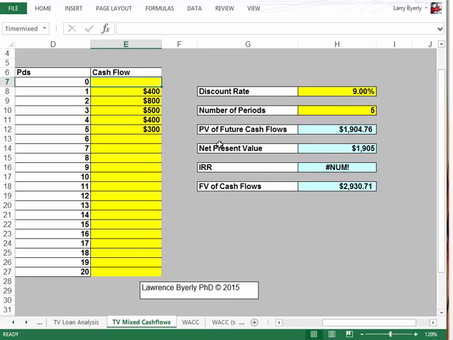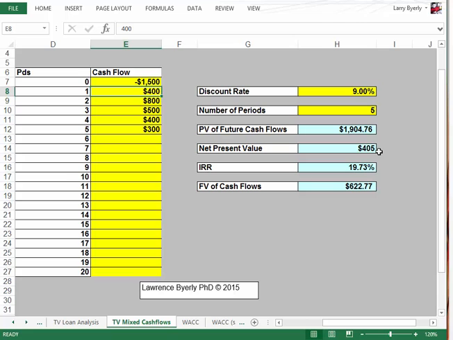What if I were to tell you that you could buy this project for $1,500? What would you say about this particular project? If we add the cost at time 0, $1,500, you'd pay $1,500 to get $1,900.